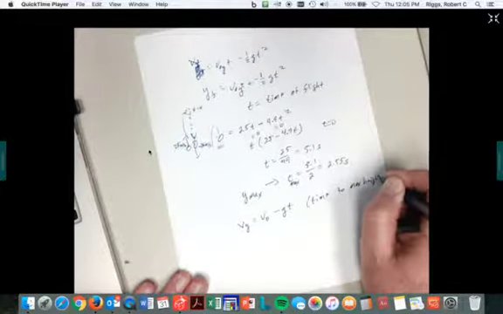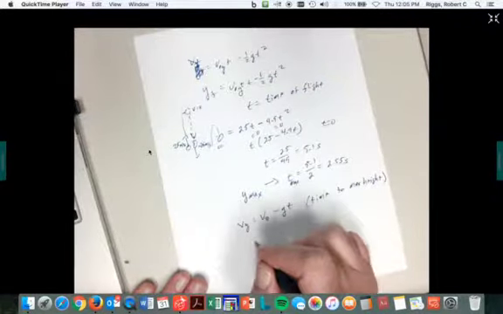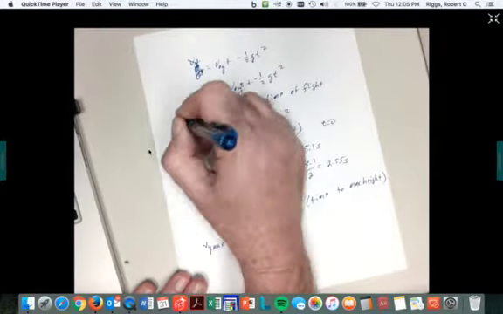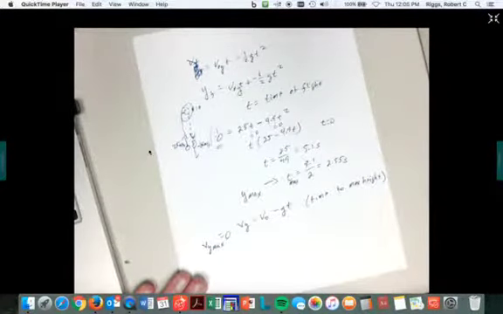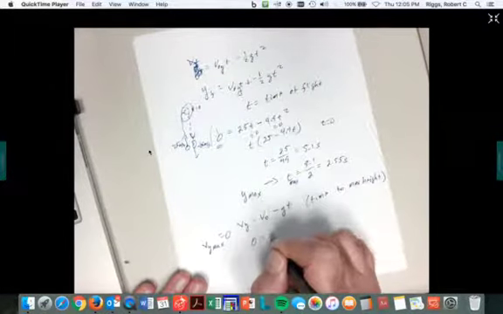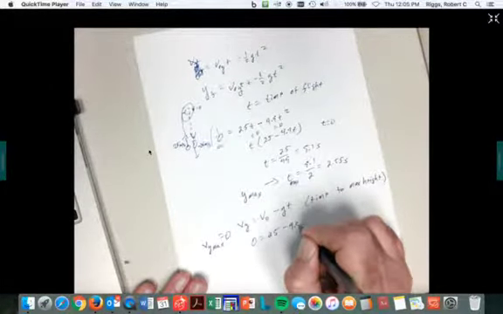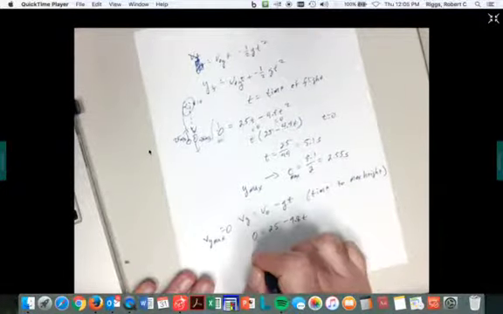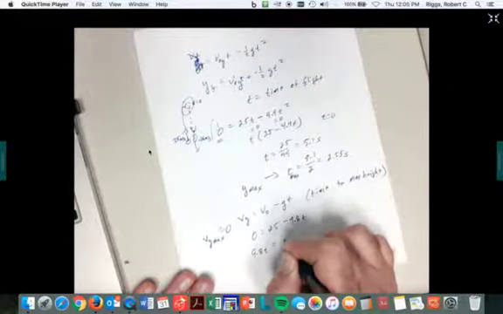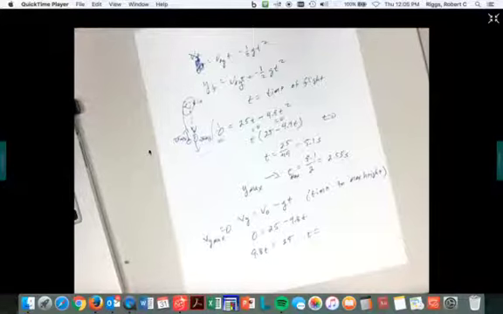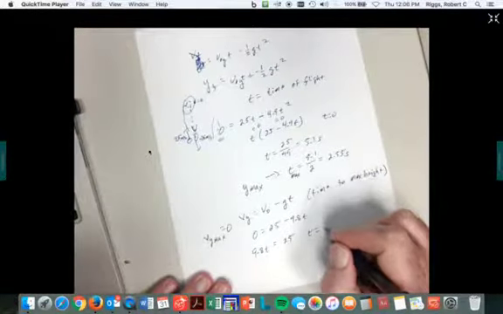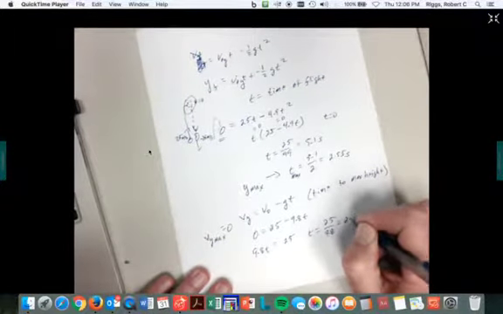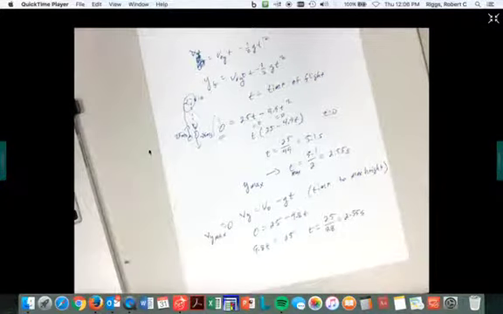When Vy max is equal to 0, because it stops up there, I've got 0 is equal to 25 minus 9.8t. So 9.8t is equal to 25, and t is equal to 25 divided by 9.8, which comes out to 2.55 probably. I don't have my calculator with me, but there we go.